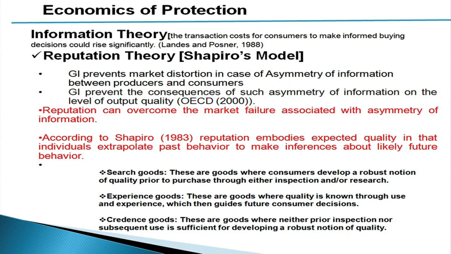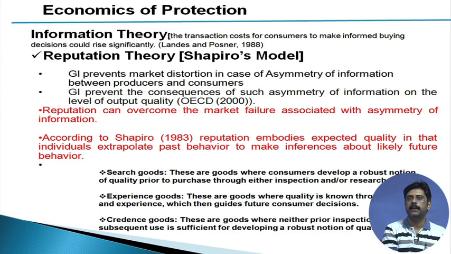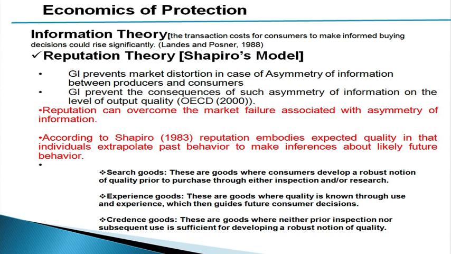Definitely that may lead to asymmetry of information, because people may be confused whether New York Darjeeling tea and Darjeeling tea are the same, or whether there is some likelihood of association between the two products. In that case the GI right holder has to immediately exercise their right, enforce it, and try to prevent that asymmetry of information.